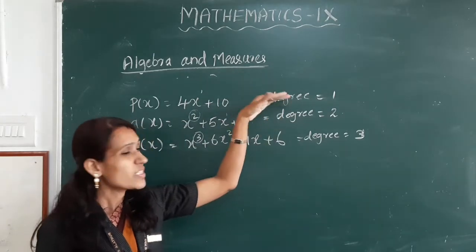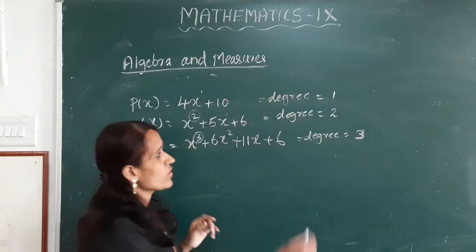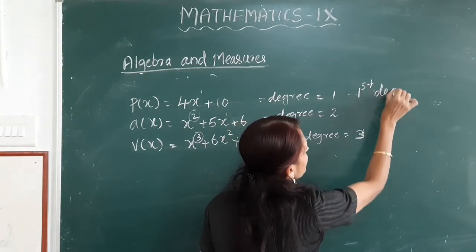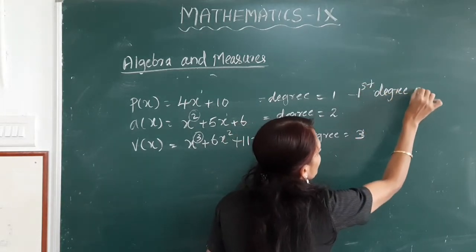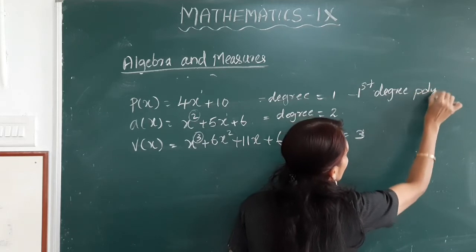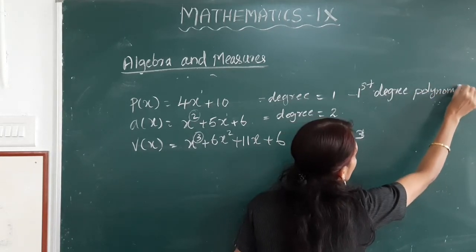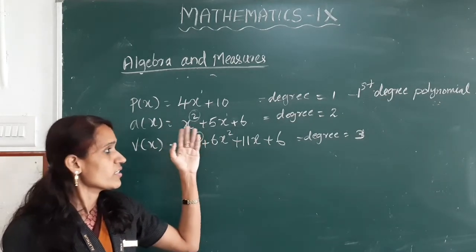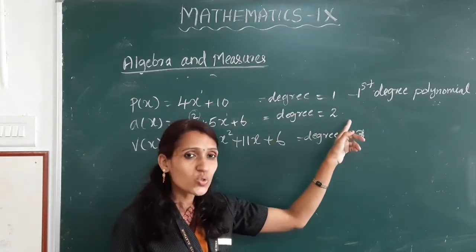So, this polynomial is called first degree polynomial. In second equation, degree is 2.